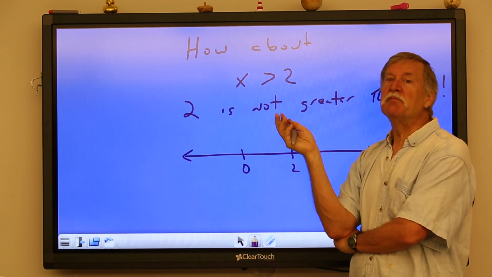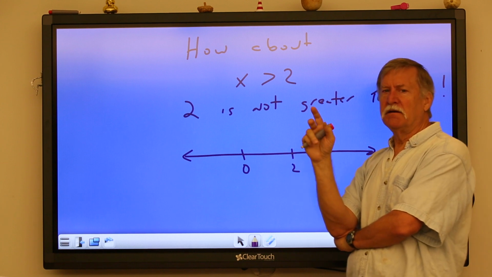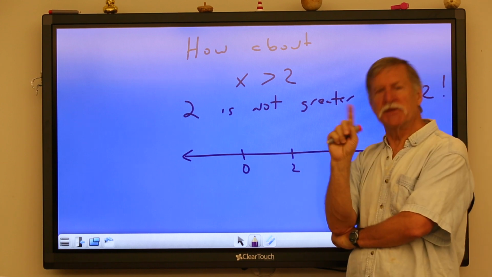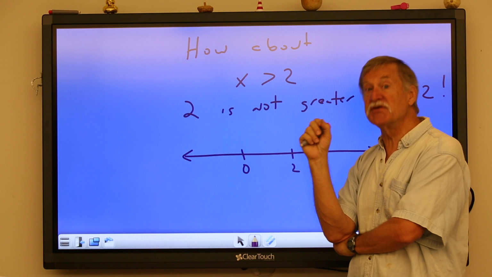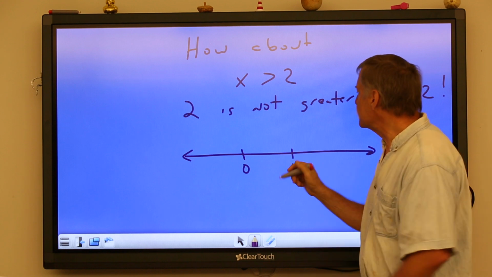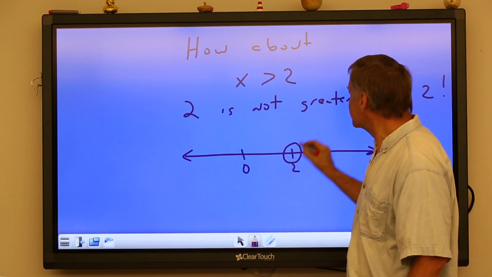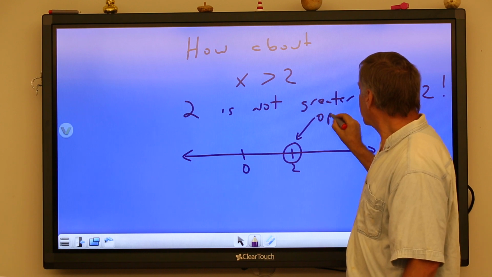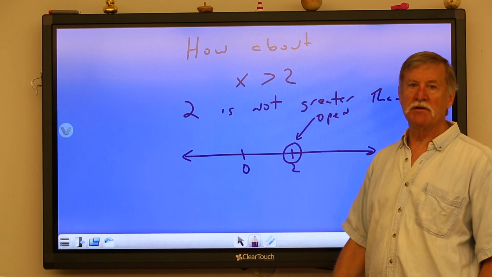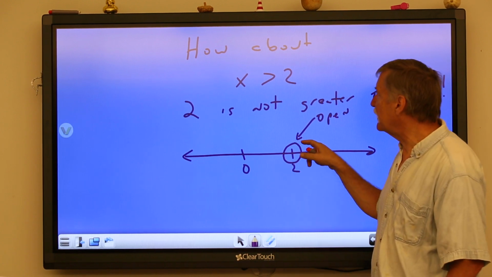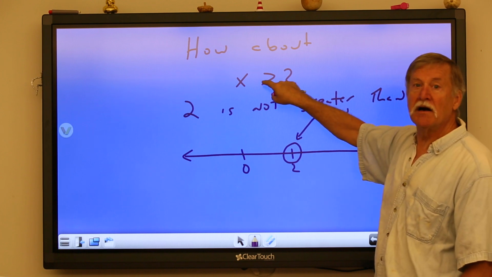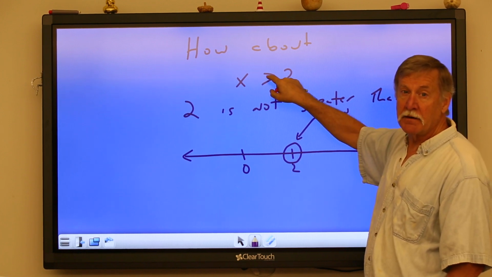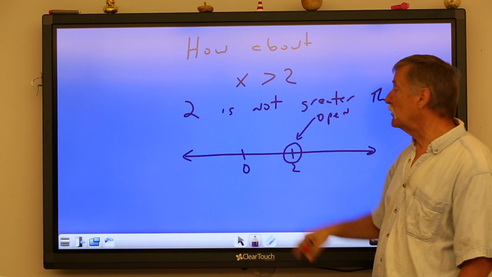No. We get around that difficulty by saying 2 doesn't work, but the next number greater than 2 does work, by using not a closed circle, but what we call an open circle on the number that we're interested in. We draw an open circle around that number when we are not equal to that number, but greater than or less than that number.